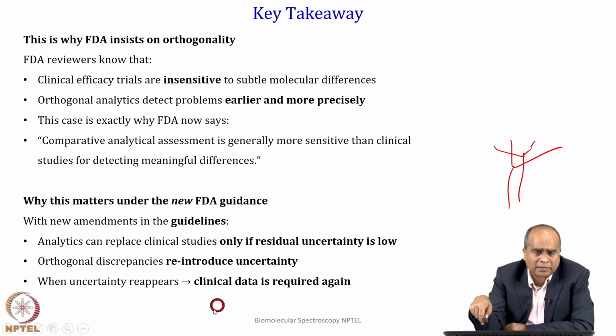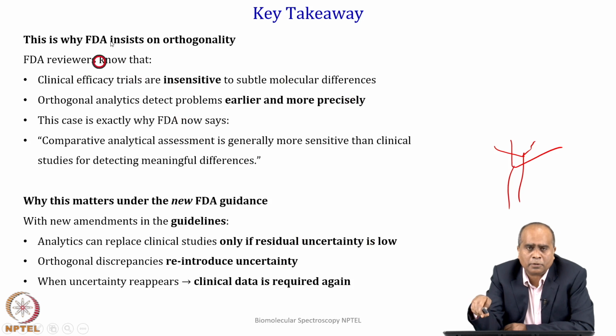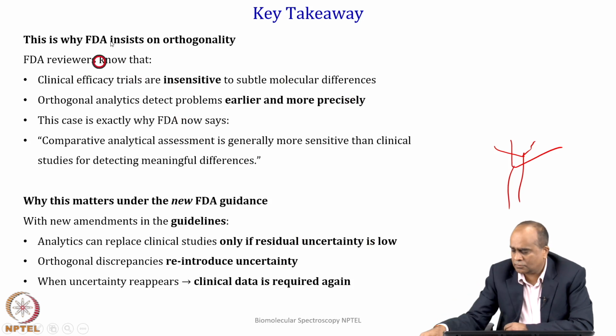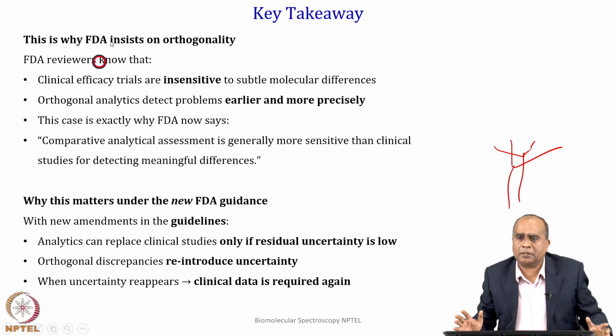So, when uncertainty reappears, clinical data is required again, but if you have done this very rightly, very robustly, and explained all data thoroughly, a clinical efficacy test may not be that robustly required, and that is what one can say about biosimilar production.